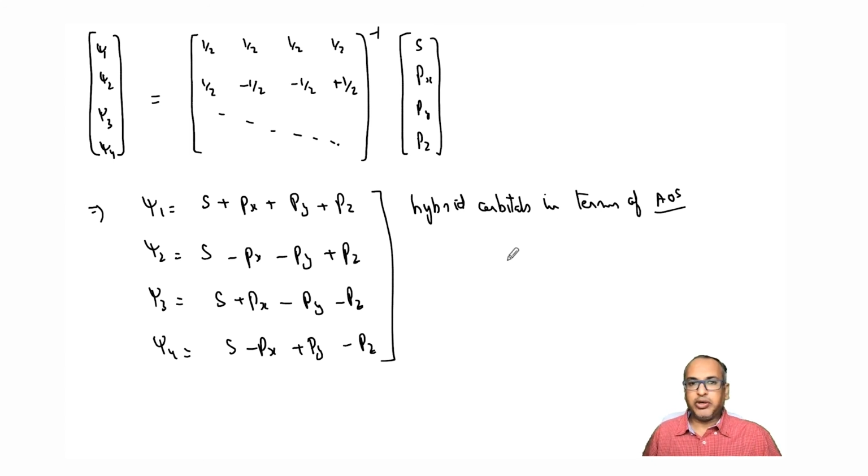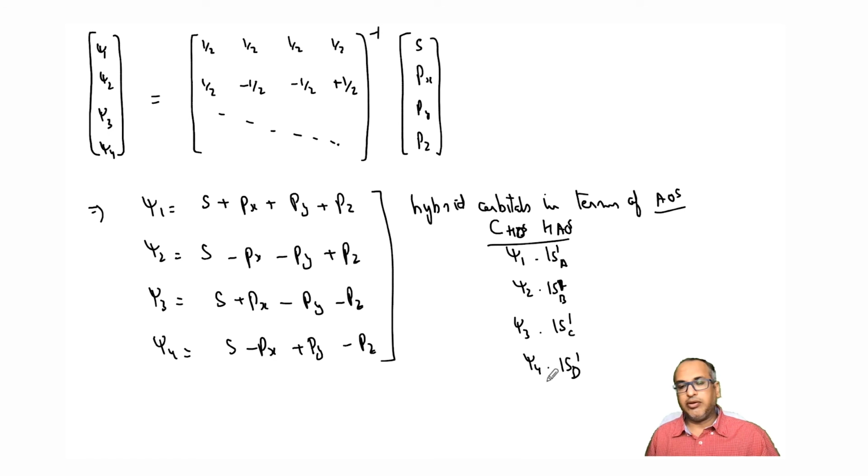If we want the formation of the bonds, you can express those bonds in terms of psi1 with 1s of A, psi2 with 1s of B, psi3 with 1s of C, psi4 with 1s of D. These are the hydrogen atomic orbitals and these are the carbon hybrid orbitals, right? Using this you can form 4 bonds which will define the correct molecular shape.